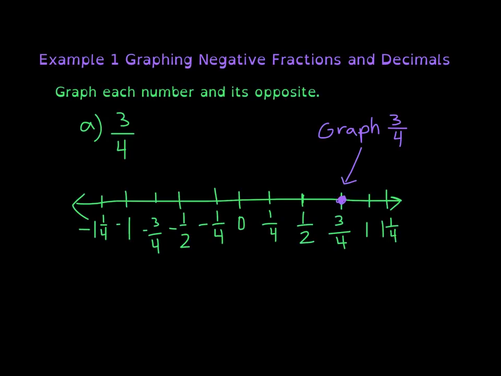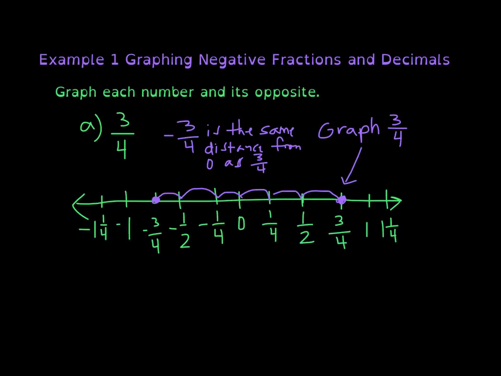From 0, I went 1/4, 2/4 or 1/2, 3/4. Now I'm going to do the same thing, but go the opposite way from 0: 1/4, 1/2, 3/4, and this happens to be my opposite. So negative 3/4 is the same distance from 0 as 3/4.